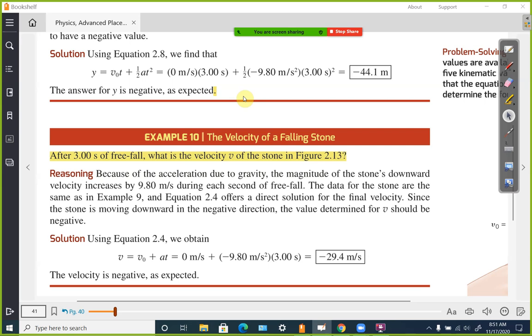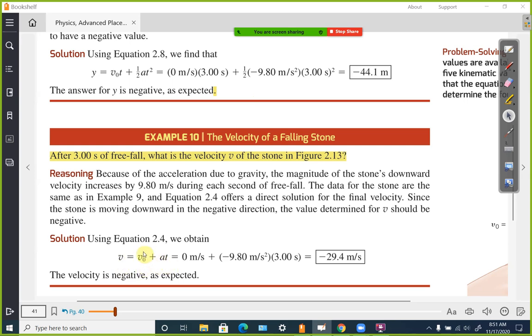And I shouldn't say oftentimes, but sometimes there's more than one that you could use, okay? Sometimes there's multiple different equations that would work. As long as you find one, that's the important part. So in this case, they're going to use the one that is most easy to find it, which is v equals v sub 0 plus at.